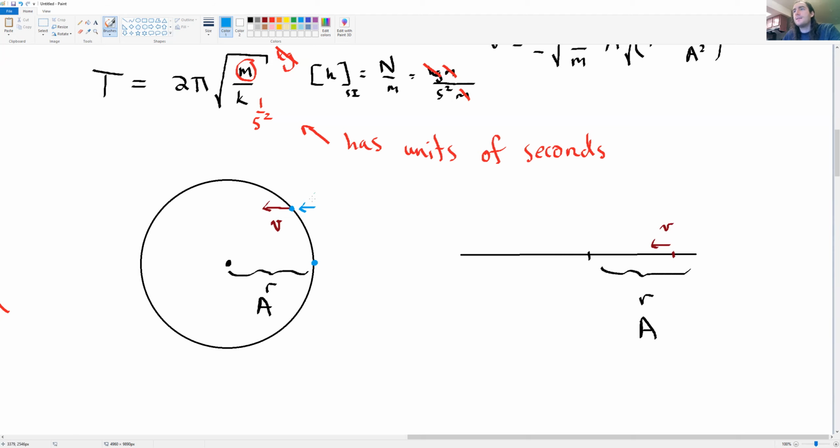Okay, and this distance right here from this point to this point here should be the same. Or rather, it should actually be this distance here. That should be the same. So that should be the distance x there. This distance here would be a minus x.